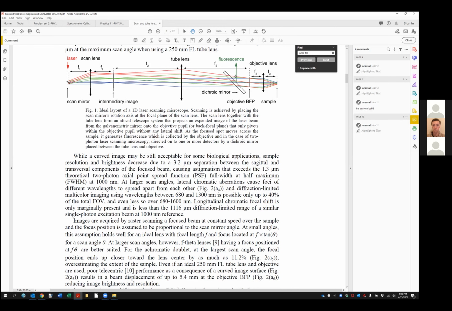Any photon that hits it must have come from the point where we were focusing, and any photon that produces an electrical signal gets added up. We say, that's how much light came from this point. Then we do it again, and say, that's how much light came from that point, and so on, and so on. Any questions so far?